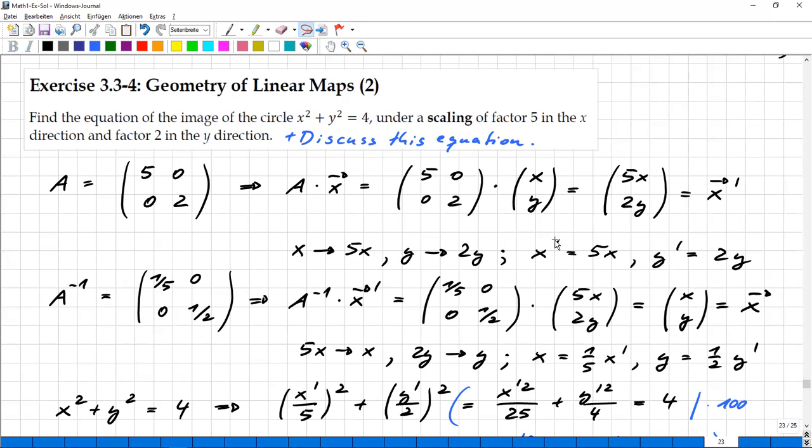Now, the point is, what we really need to transform this equation is not this transformation, but the inverse transformation. Meanwhile, you've already learned about inverse matrices, but in this case it's quite simple.